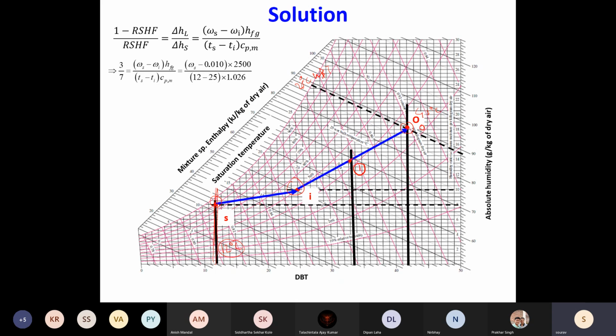So we make use of the process happening inside the room. The process happening inside the room is 3:7, latent is to sensible. So this is the ratio of latent heat to sensible heat.